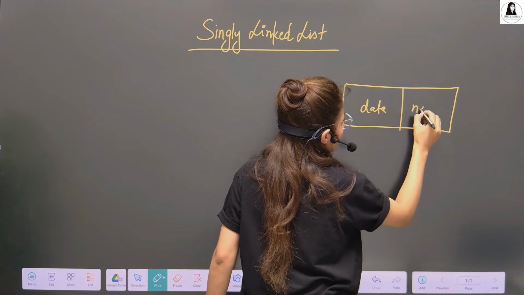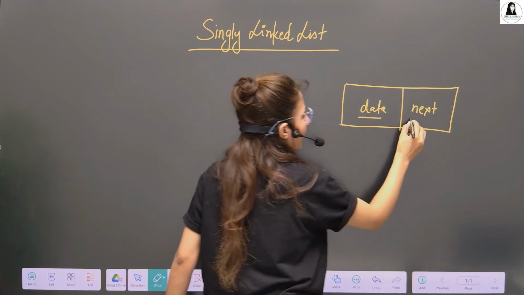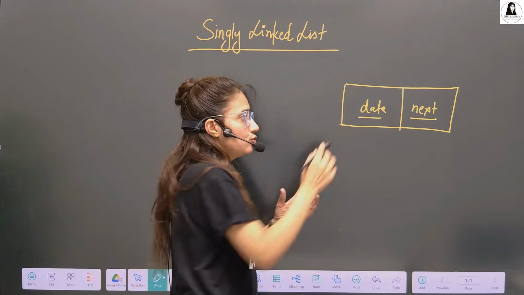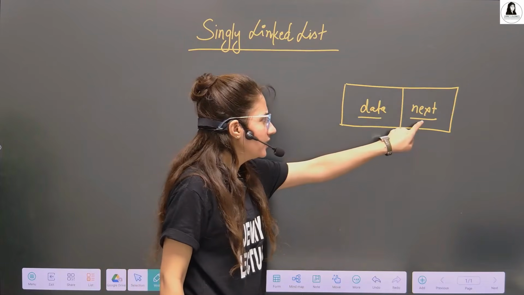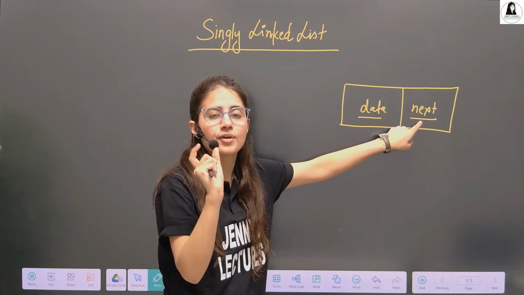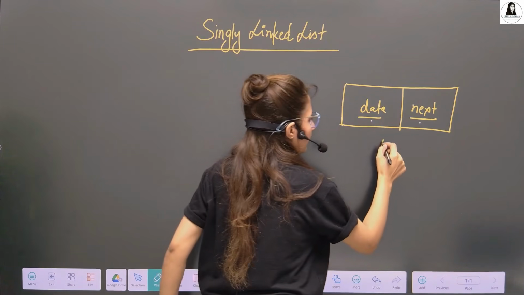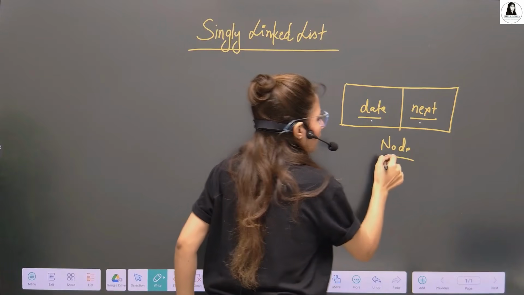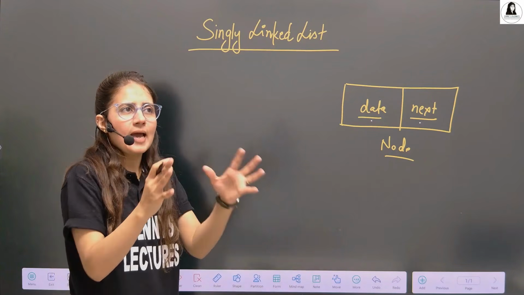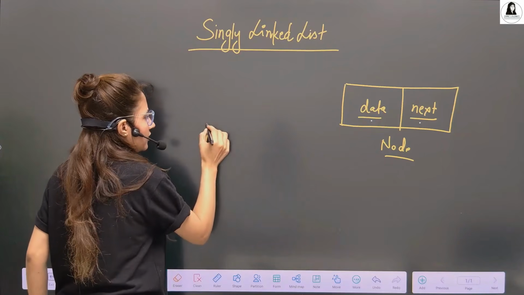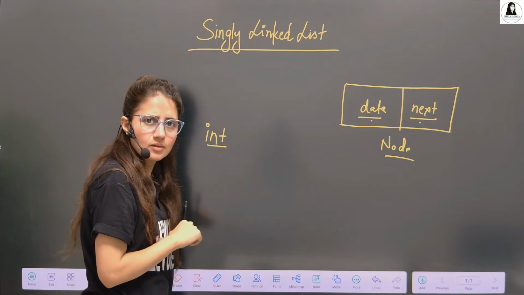So I told you this is a node basically having data and next. Next is a pointer or you can say a reference to next element. So it basically contains not data, but the address or reference to the next node. This is containing the actual data. So this is basically a node. How to create a node? Now if I want to store simple int values, like in an array, I can simply take data type int.